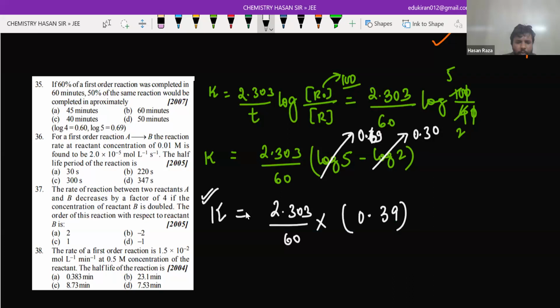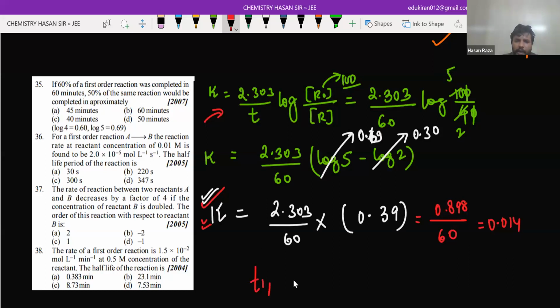Or you can use this formula for calculating as well. So after solving it, 0.39 into 2.303 comes out to be 0.898 divided by 60. If you divide it by 60, it will be 0.014. 0.014 is the value of K. Now you need to calculate time.